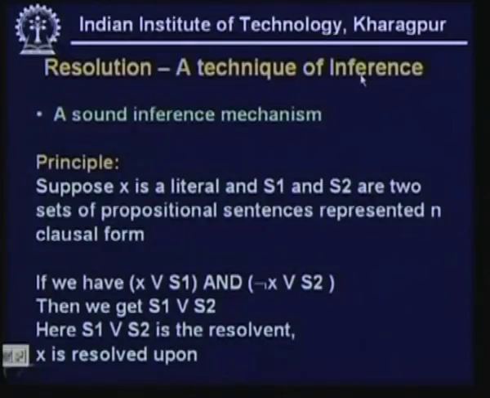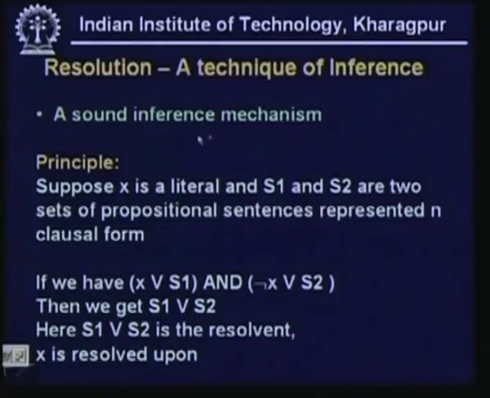Now, why do we look at all these? Why were we so interested in getting the clausal form? Because the clausal form will allow us to apply a very interesting inference mechanism that is called resolution. Resolution is another technique of inference that we will learn.